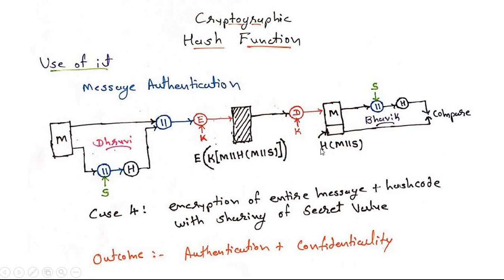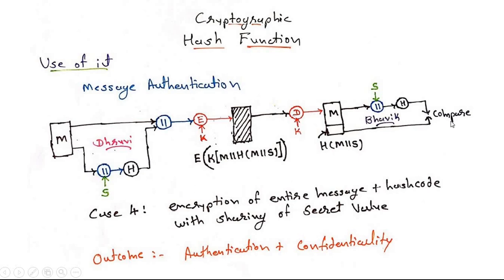Whenever the receiver party receives the message, same as on the sending side, first the receiver will apply the decryption by using the shared key, and after applying the decryption the receiver will apply the secret value. So by applying decryption and the secret key value, the receiver will apply the hash code, and whatever output is available, the receiver will compare this output with the hash code.